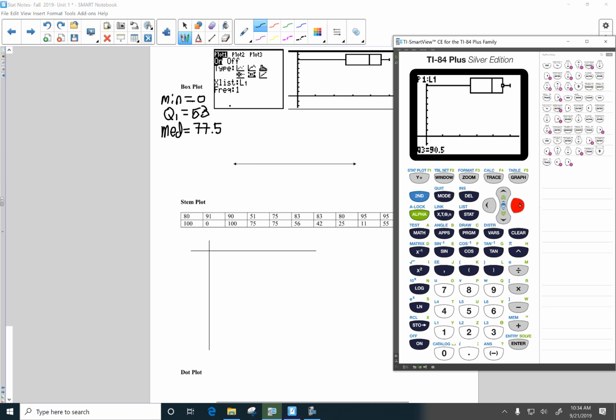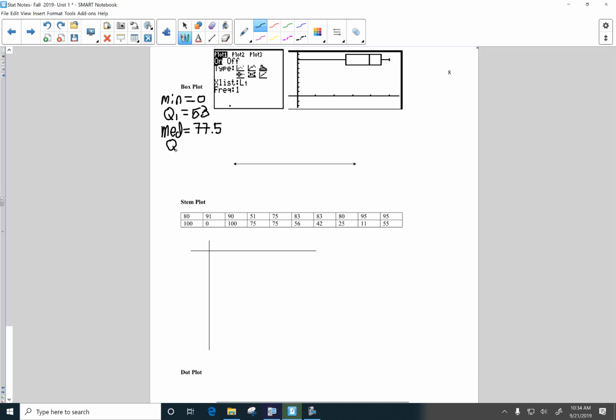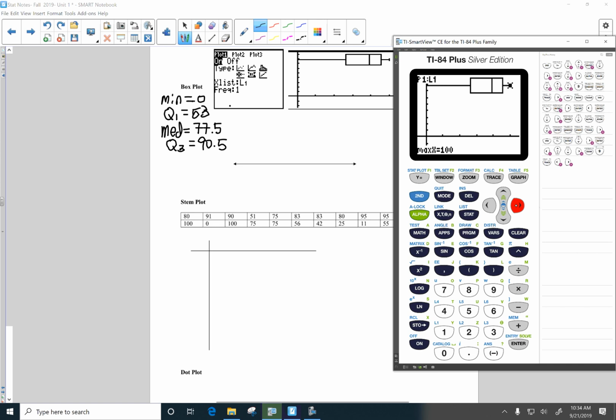You get Q3, which is 90.5. And then the final value, which is the maximum, which is 100.